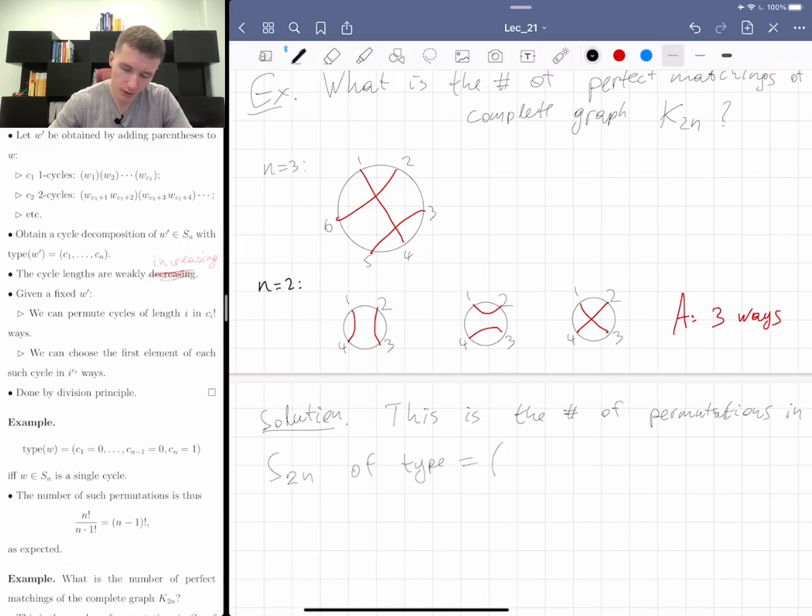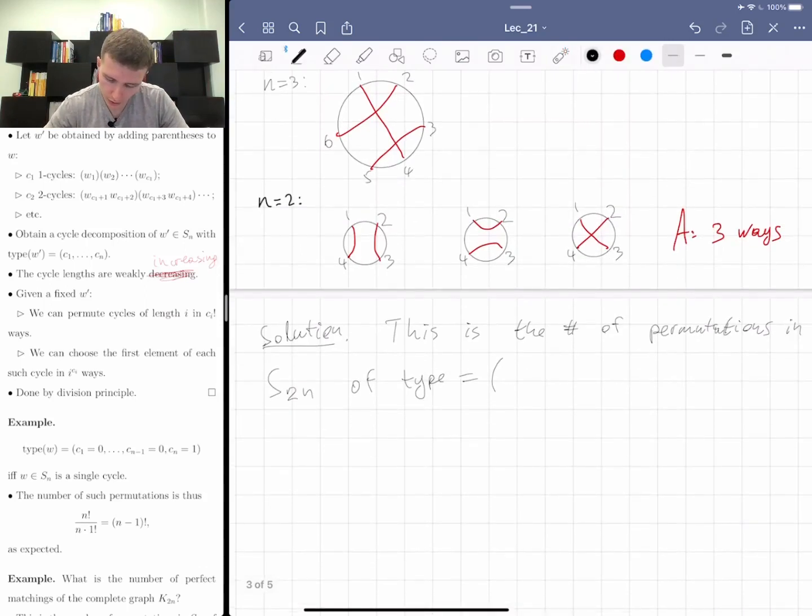I want to partition numbers into pairs, and that means that I want to treat each pair as a 2-cycle. So I'm only looking at permutations for which all cycles are of length exactly 2.